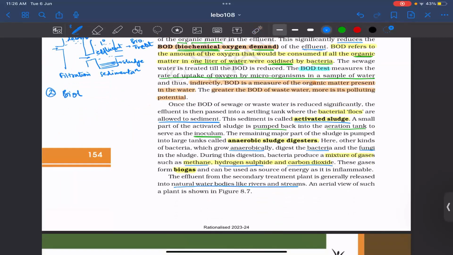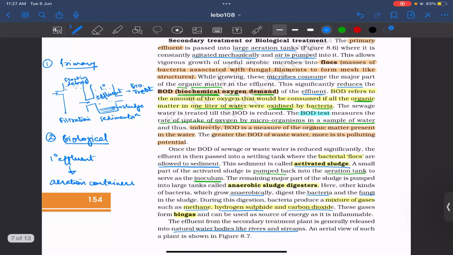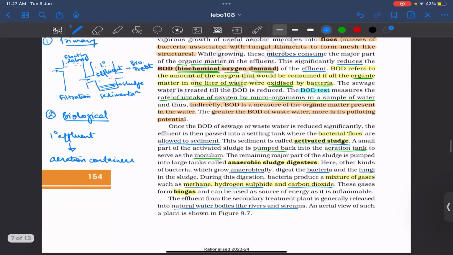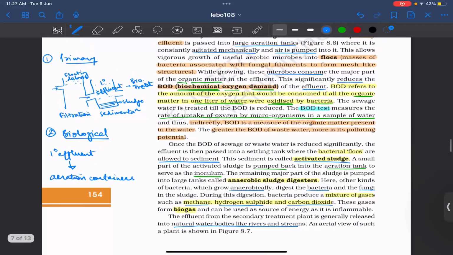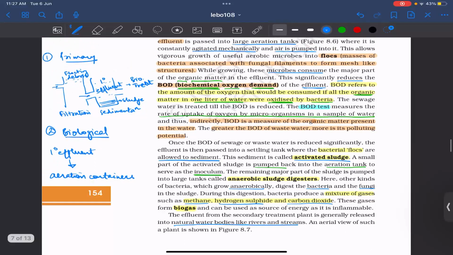Biological treatment. First, the primary effluent is passed through aeration tanks where flocs are present. These flocs are masses of bacteria with fungal filaments that form mesh-like structures.